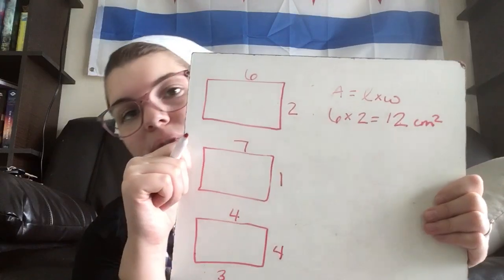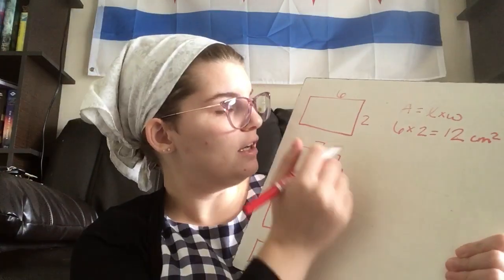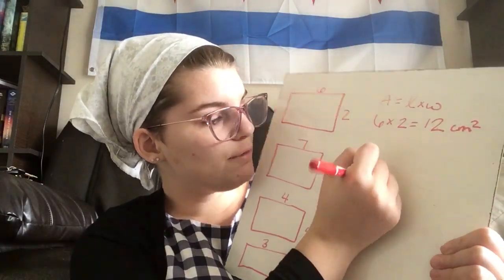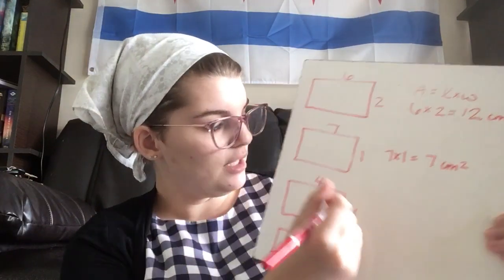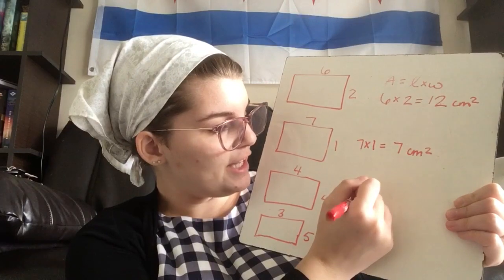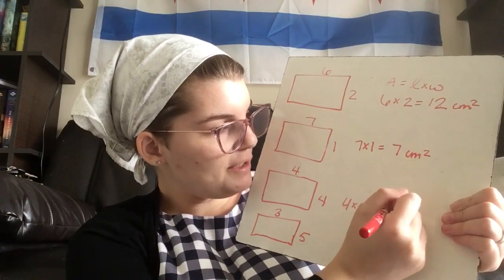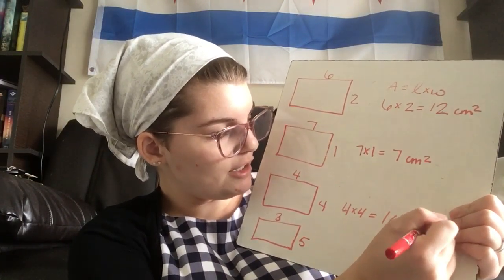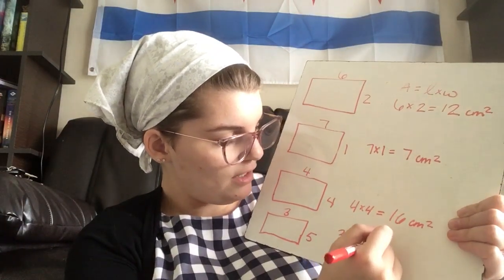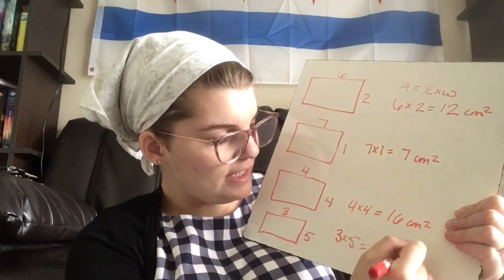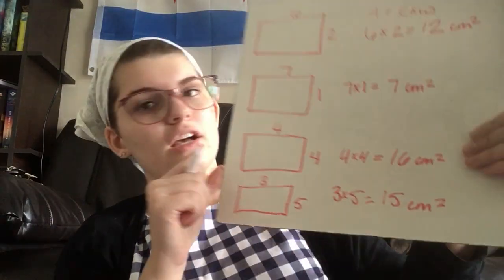Because it was given to us with centimeters. Length times width, 7 times 1 is 7 centimeters squared. 4 times 4 for the area is going to be 16 centimeters squared. And 3 times 5 is going to be 15 centimeters squared.